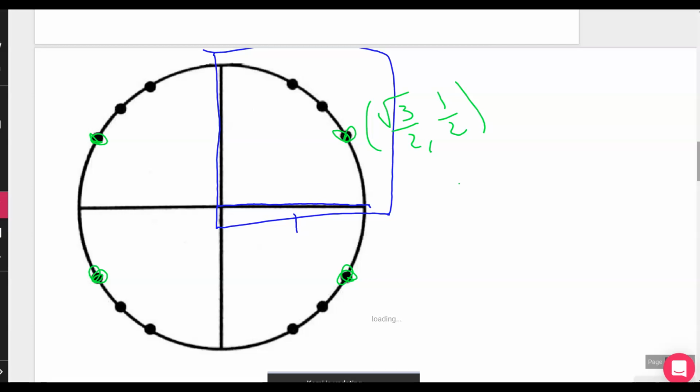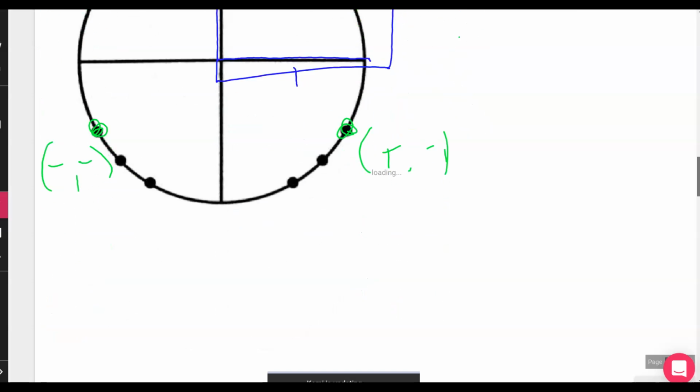They're all √3/2, 1/2. This one's negative over here for the first, and then positive. This one, they're both negative. And then this one is reset. This one here is going to be a positive and then a negative. But then the numbers stay the same. So that's one of the things we're going to talk about in terms of understanding.